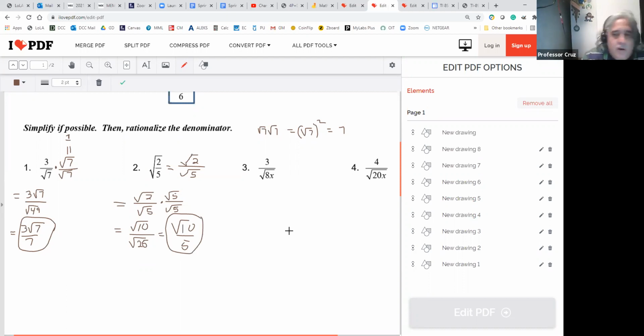So the reason why it's called rationalizing the denominator is because there is no longer a radical in the denominator.